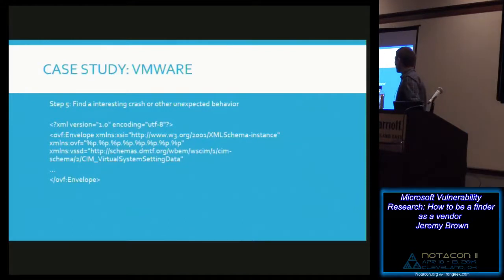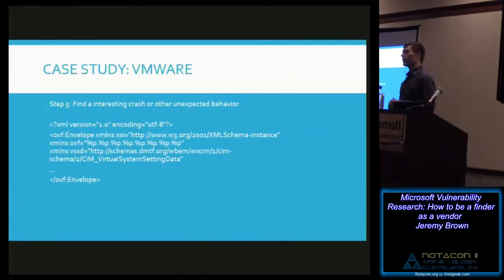Step 5, find an interesting crash or unexpected behavior. XML file format. This is a partial paste of the proof of concept that's adjusted from the mutated file the fuzzer produced. You can see the xmlns OVF envelope property is malformed. Instead of pointing to the schema, it's pointing to %F or %p, %p, %p.